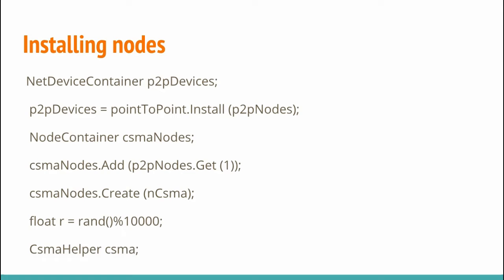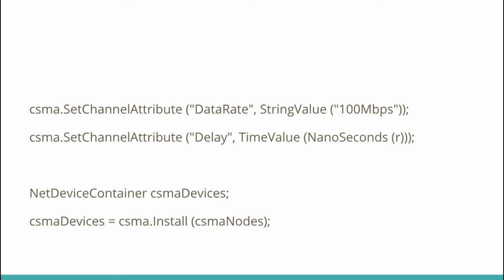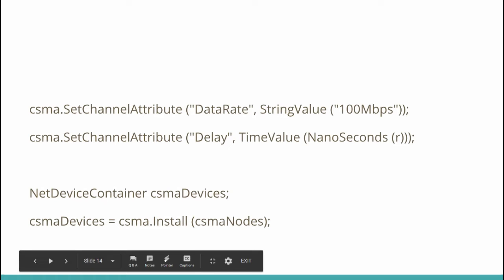In this netDeviceContainer, we have an object called point to point devices. Using this point to point devices, we can install the point to point attributes to these nodes, and this can be done using this command. Similarly, we create the CSMA channel, set the channel attributes, and install the CSMA nodes onto the network.